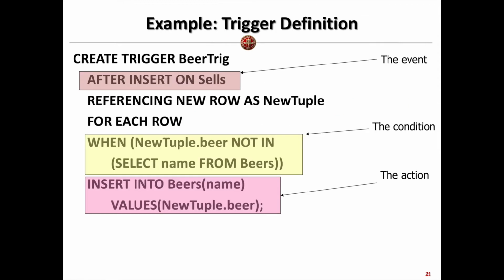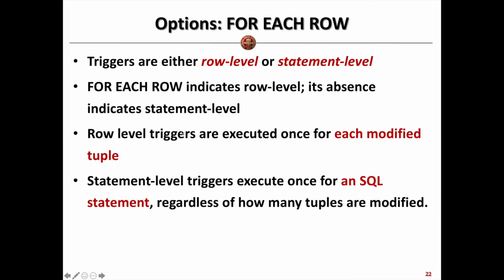Besides the events, we also need to talk about this for each row here, right? For each row we are mentioning, we are working on the tuples. For each new tuple we are inserting here, we need to make some changes. We need to check the conditions, right? Actually, this can also be changed as well. So the trigger can be either row level or statement level. Row level means for each row indicates the row level, and its absence will indicate a statement level.